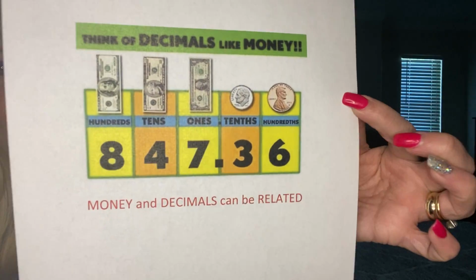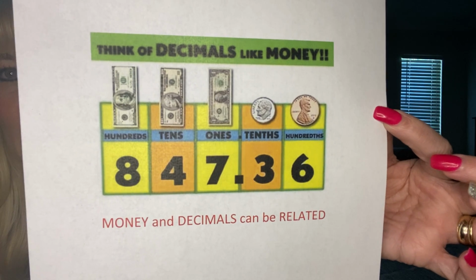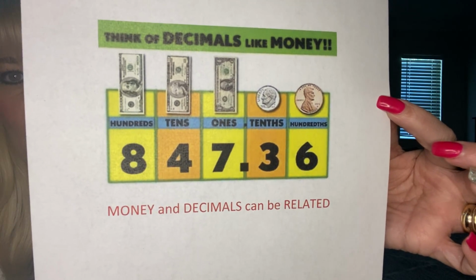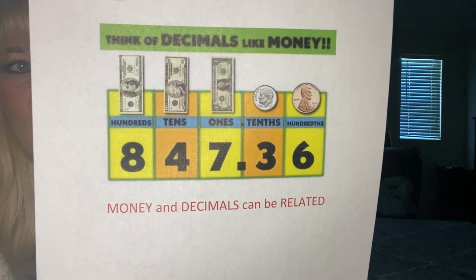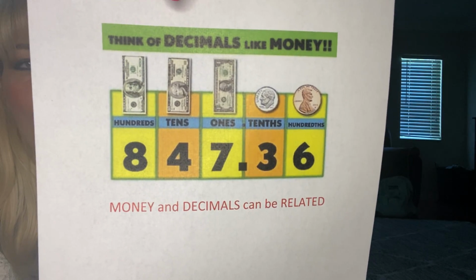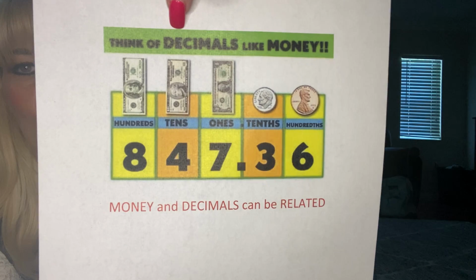Number 1, that all decimals have a place value. Number 2, that mixed numbers and fractions can be decimals. Here's number 3 that you need to know. You need to know that you can think of money and decimals together. Because look in this picture. If you have $100, that's in the hundreds place. If you have $40, that's 4 tens.